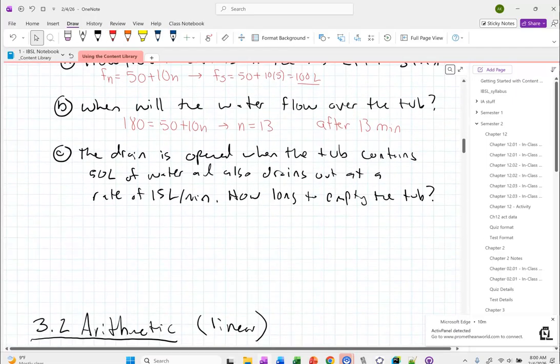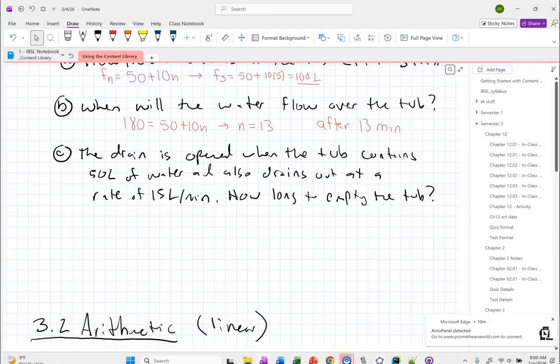Okay. It says now the drain has been opened when the tub contains that 50 liters of water. Also, it's draining out at a rate of 15 liters per minute. How long to empty the tub?